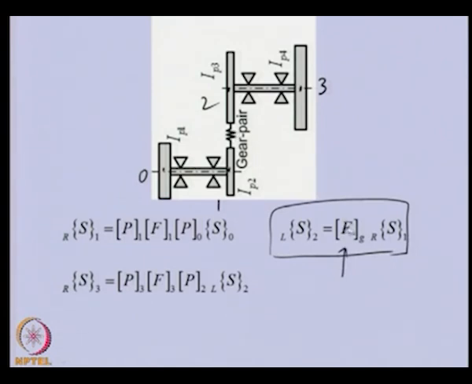Now we need to develop this one, others we know. So now we will see how we can develop the field matrix for that linear spring corresponding to the flexibility of the gear pair.